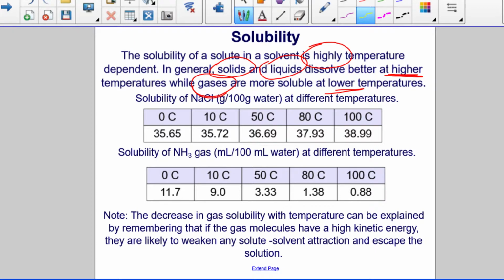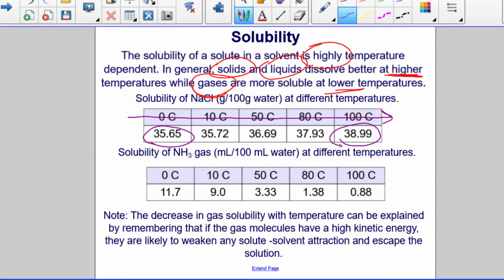The solubility of sodium chloride, which is a solid, right? And as the temperature increases from 0 degrees to 100 degrees Celsius, so does the solubility. So from 35.65 grams per 100 grams of water up to 38.99 grams per 100 grams of water.